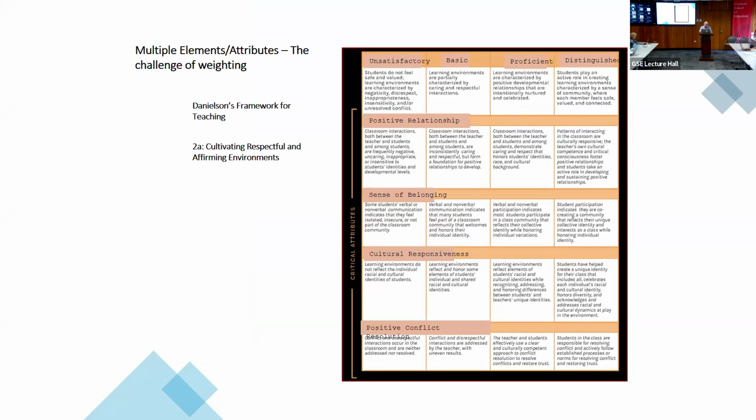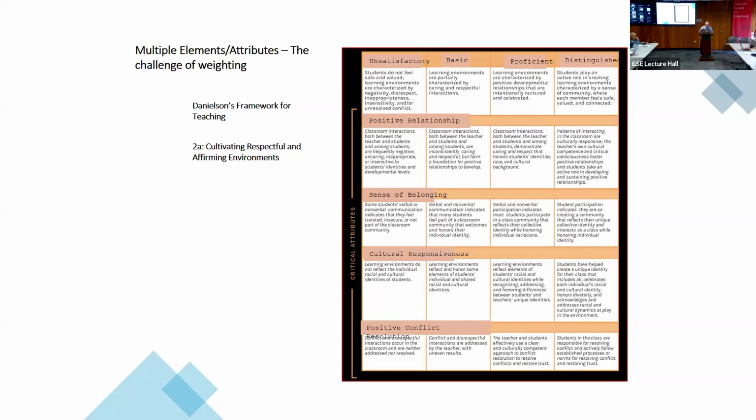So here is one dimension from the Danielson rubric. It's cultivating respectful and affirming environments. So it's one of these 20 dimensions that are rated. But inside of that, I don't know if you can see it, there are four indicators.